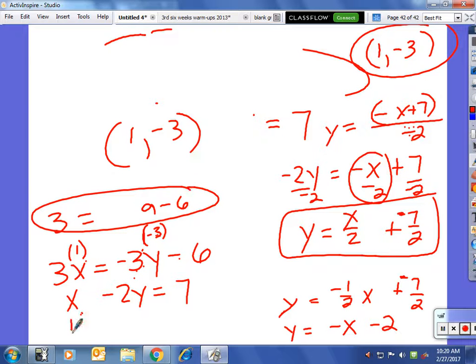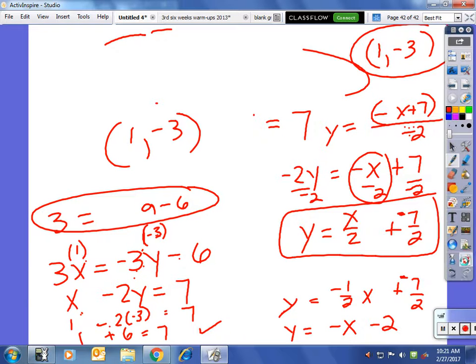I'm going to put a 1 in for x. I'm going to put a negative 3 in for y. This would become 1, and a negative 2 times a negative 3 really becomes a positive 6. Does 1 plus 6 equal 7? So, Chris, do you see that that's the only point that would work on both of those equations? So even if you didn't know how to solve it, there's lots of things you can do on the test by plugging in the answer choices.